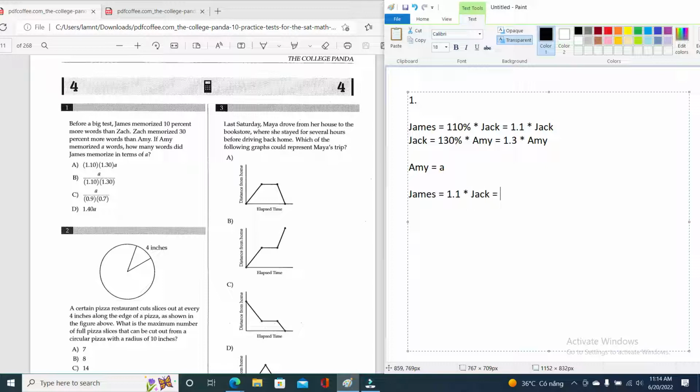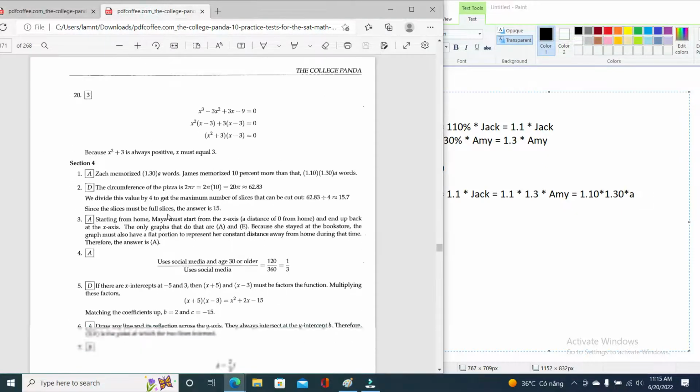So it's equal to 1.1 times 1.3 times Amy, which is 1.10 times 1.30 times A. So the answer is A. Okay, and it's A.